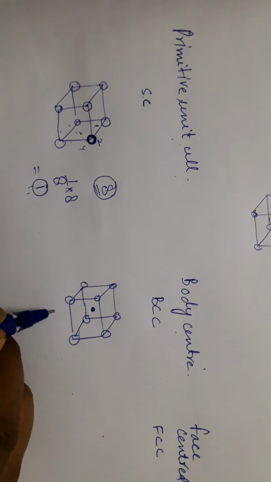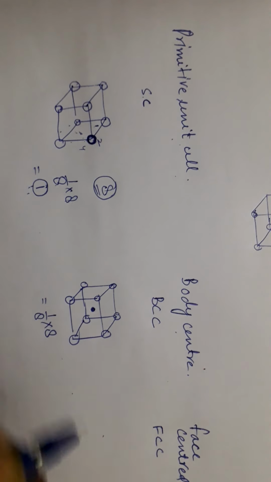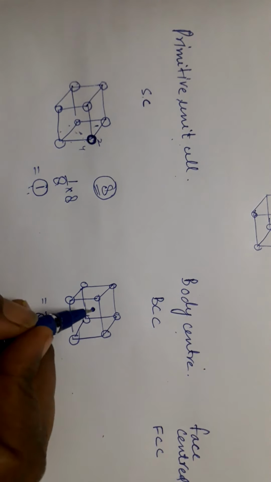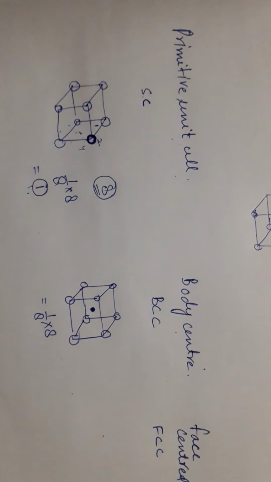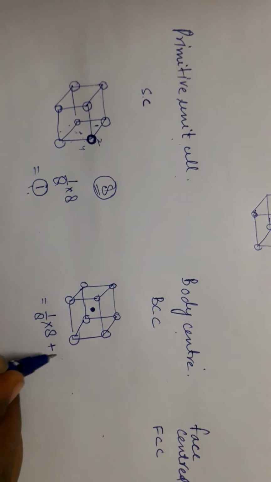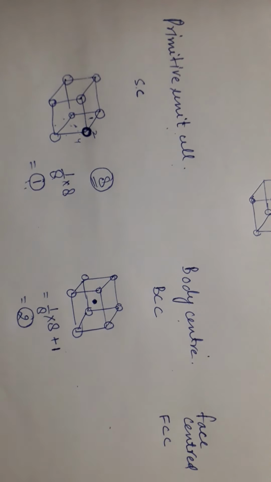So again the atoms at the corners have contribution 1/8 into 8, and one atom, molecule, or ion is present inside the unit cell, which is not shared by anyone. So its contribution is 1. So the total number of atoms present in the unit cell is 2.